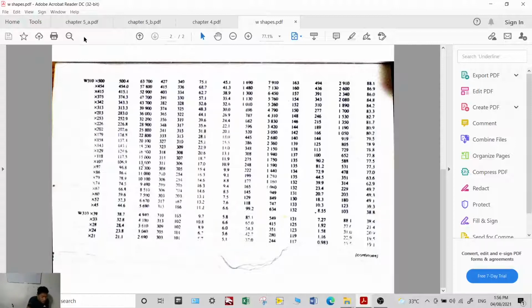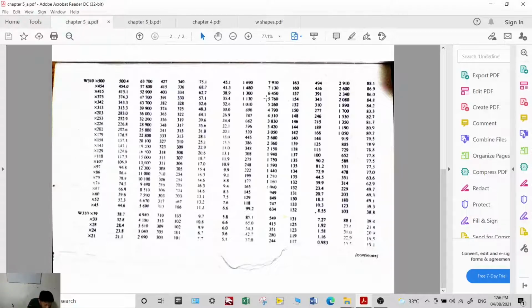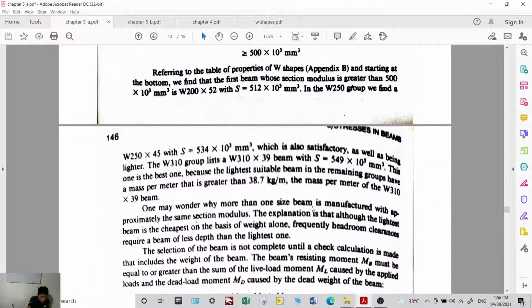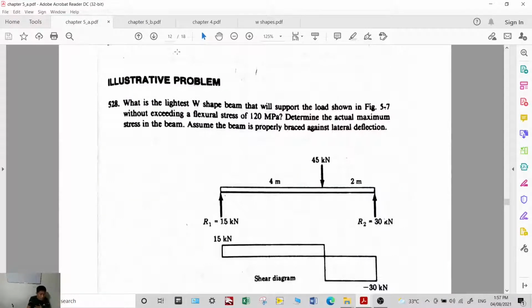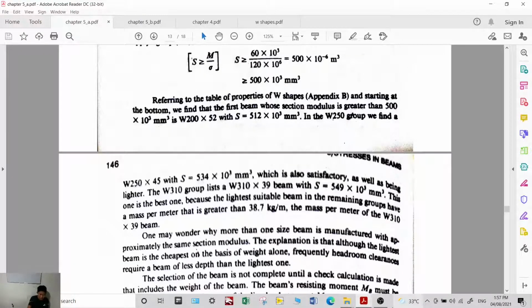So, mao na siya nga W310 by 39. 39 kg. Kani ang gaan. This one is the best one because the lightest suitable beam in the remaining groups have a mass per meter that is greater than 38.7. So kani ang gamiton, W310 by 39. Kay lightest man ang ipangita. Okay?